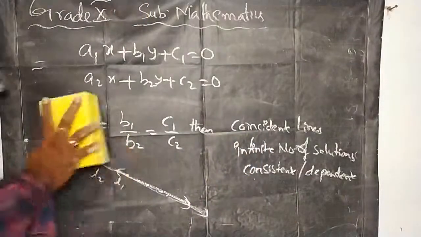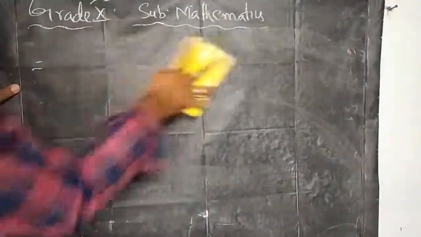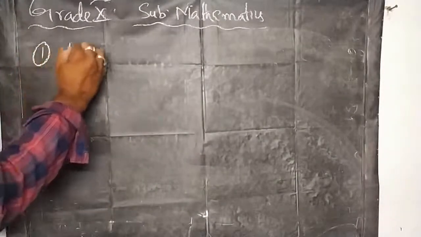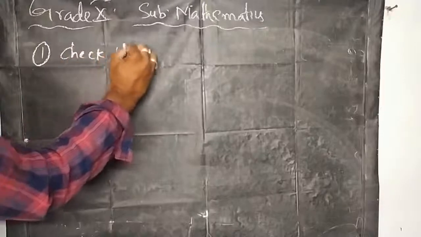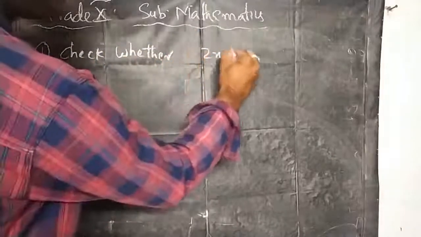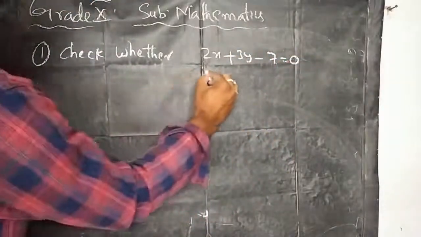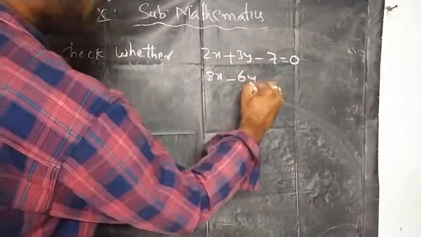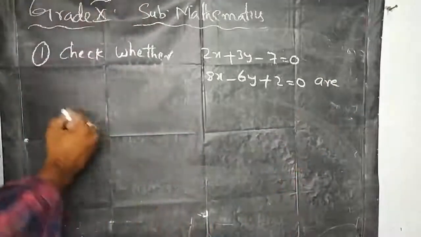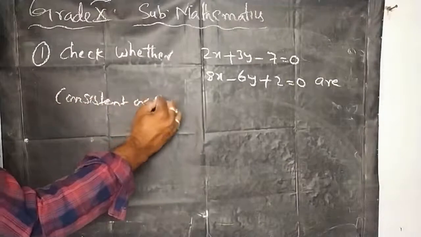Now, let me explain to you by taking some examples how these conditions are applicable. So first, the question type may be like this: check whether 2x plus 3y minus 7 is equal to 0, 8x minus 6y plus 2 is equal to 0 are consistent or inconsistent.